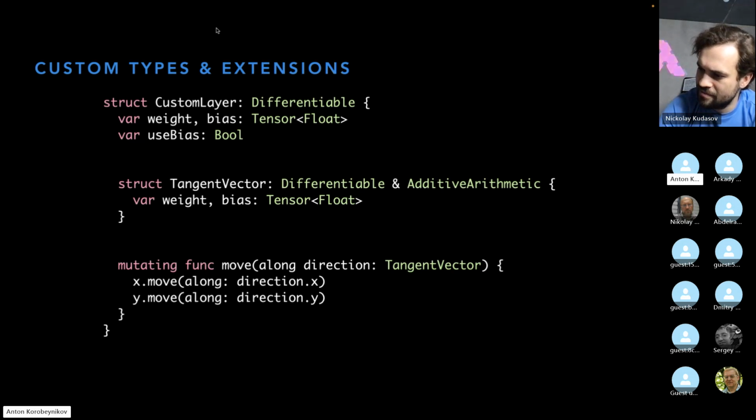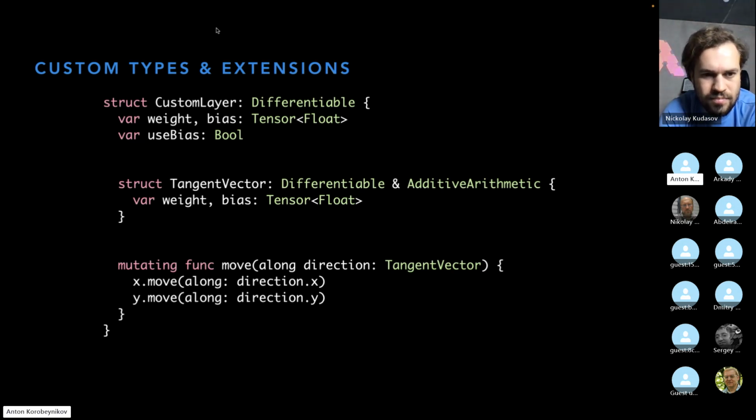I would not say ignore, but since we know that every time we use that particular thing for the derivatives, the use-bias Boolean value will be fixed, the tangent vector would essentially contain only the differentiable parts here.